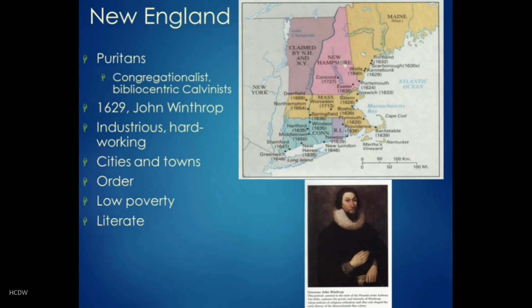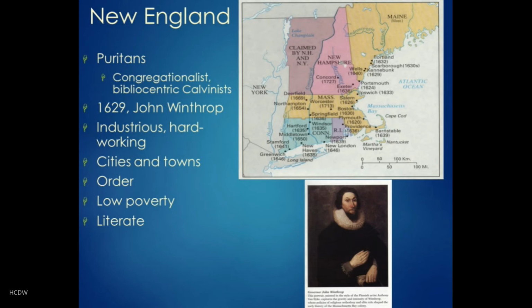The Bible contained all wisdom, and further, they believed that each individual should read the scripture on their own, which is also going to contribute to their very high rate of literacy and education. And Calvinist, which is a little bit more complicated, but essentially John Calvin believed in predestination, which we'll go over more in just a moment.